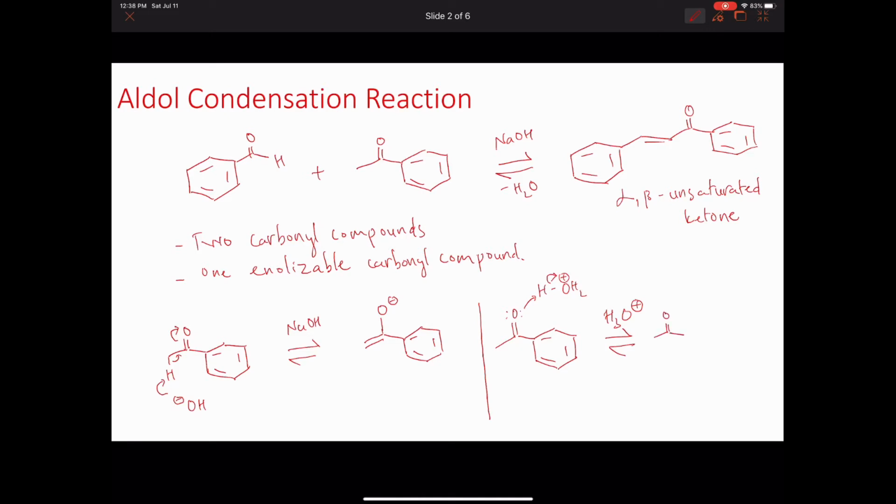We form a new intermediate with a positive charge on oxygen, and again we have an alpha hydrogen here, and the water will attack this hydrogen. Again, we have another deprotonation process, and we end up with an enol compound.